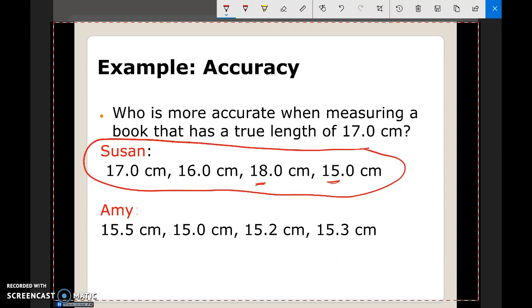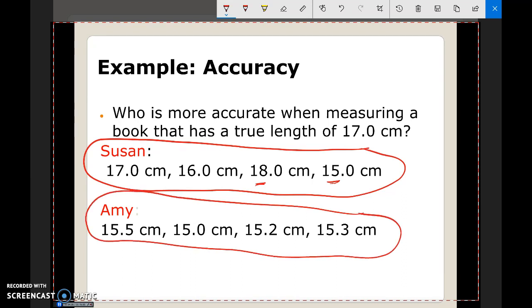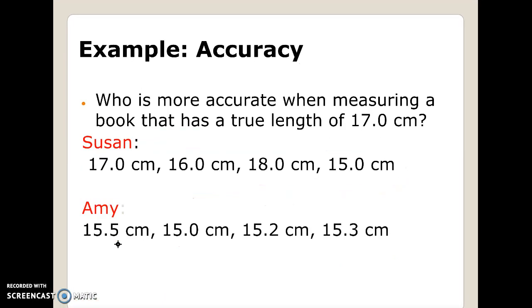If you were to take the average of that, it would fall somewhere, maybe 16 point something or 17 point something. Now, if you look at Amy's numbers, none of them are even close to 17. So if you had to say which of the two is more accurate, hopefully you would choose Susan.